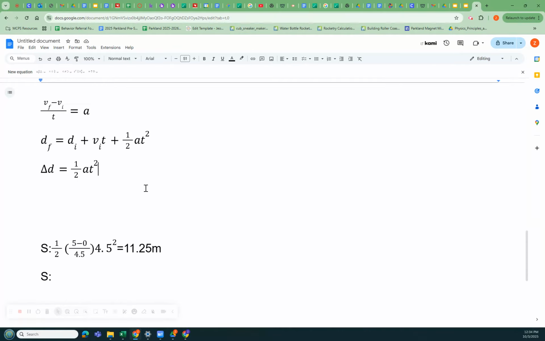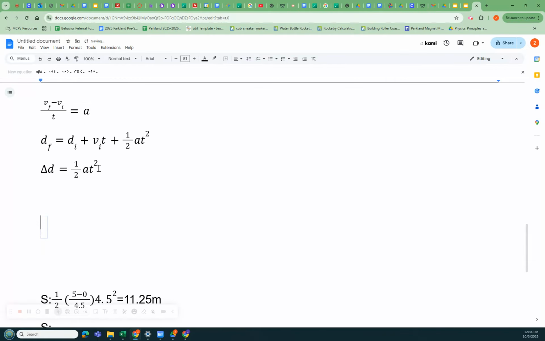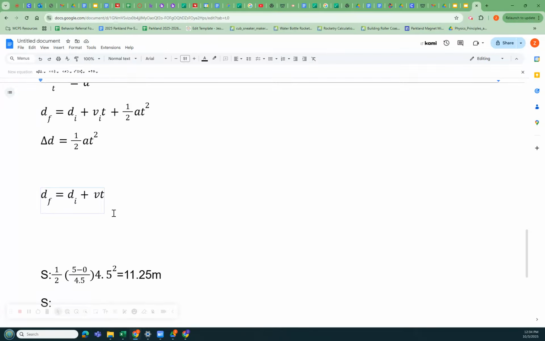The equation we will use for that is d final distance equals initial distance or initial position plus vt, or vt plus di might be the way you wrote it in your notes. So no need to do algebra here, we'll just plug and solve.